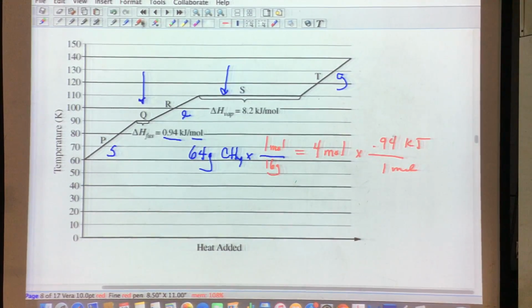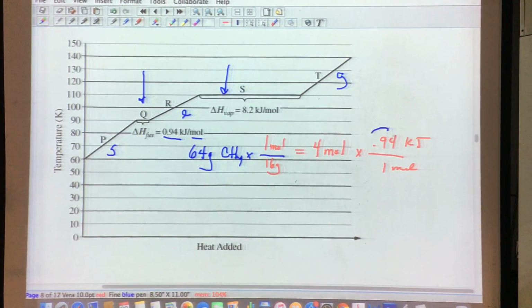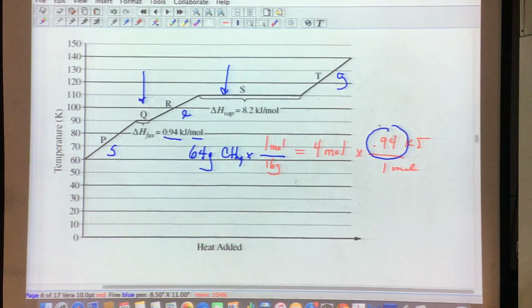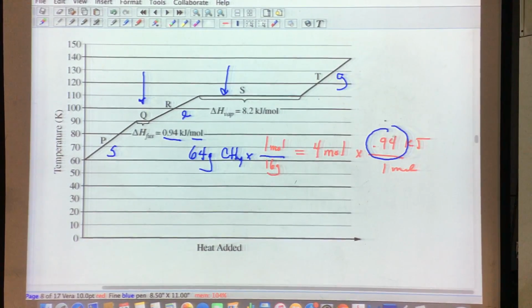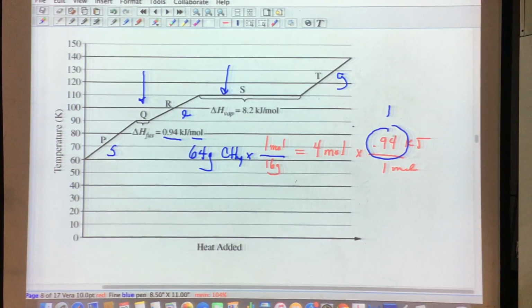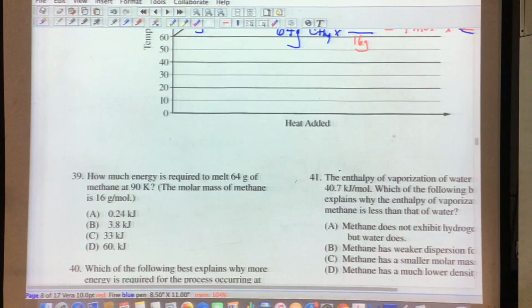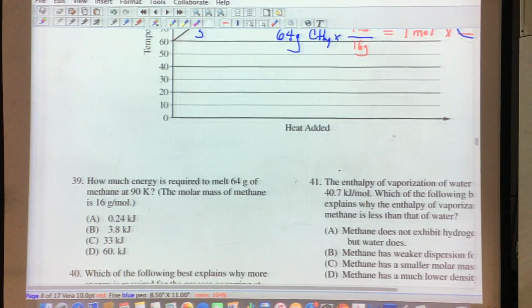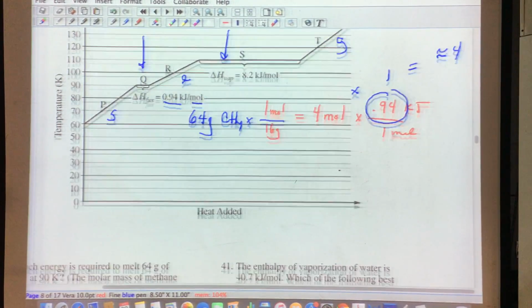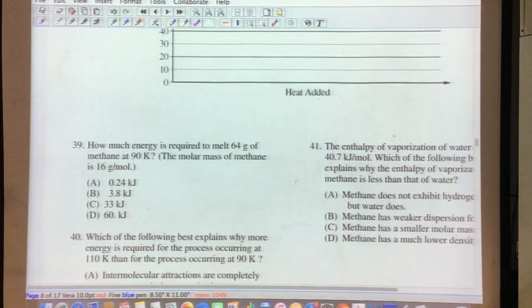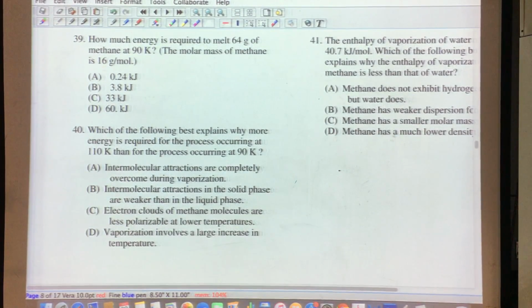I can know that this is almost 1, so 4 times 1 is about 4 kilojoules. The only answer there that is about 4 is choice B, 3.8 kilojoules.